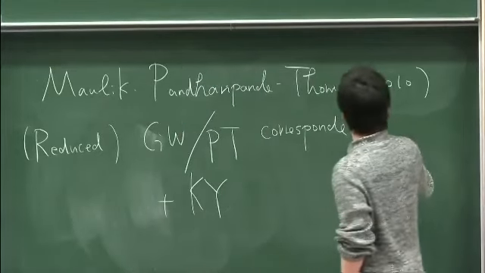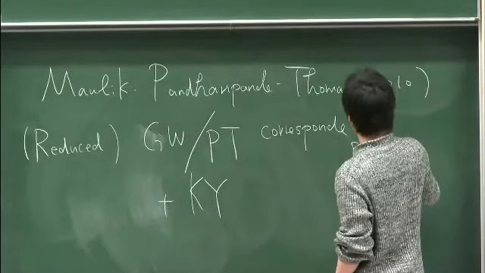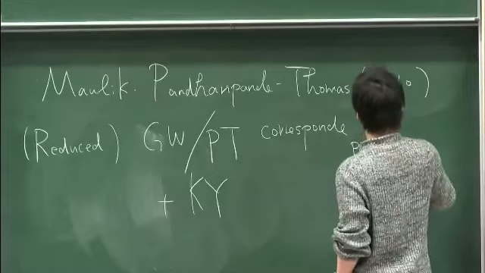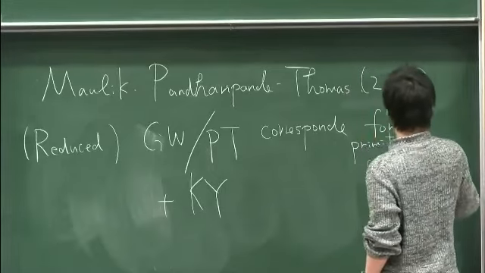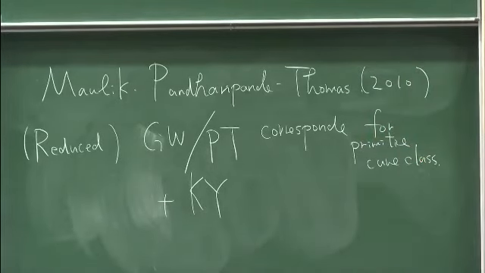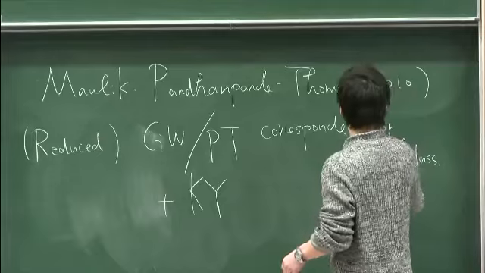Okay, so sorry, for primitive curve class. Primitive means that this beta is not written as a multiple of some effective one cycle.